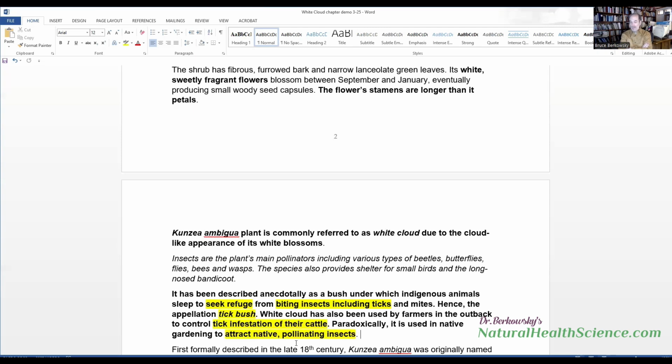Now, my goal here today is not to discuss Lyme disease to any great extent, but I will say that in my mind, hearing that animals seek refuge from biting insects, including ticks, and that this repels ticks is enough to tell me there's enough association with ticks, even though in the literature it's not mentioned in relation to Lyme disease. And I think one of the reasons for that is because it's an Australian oil, and I'm not sure if there is Lyme disease in Australia.